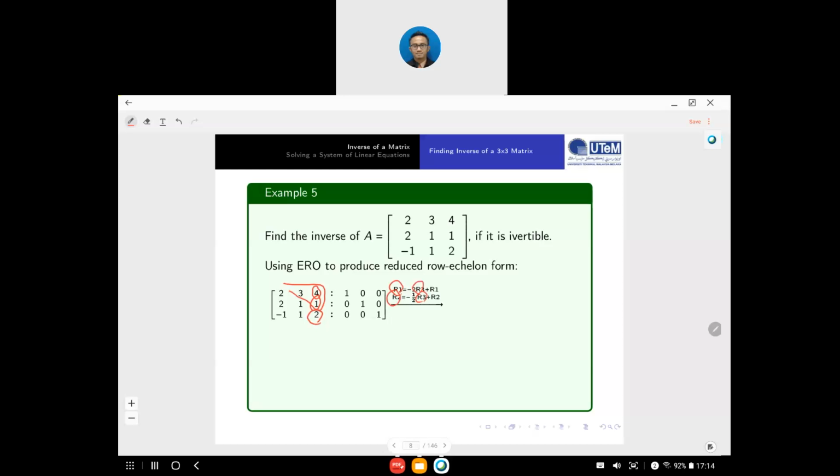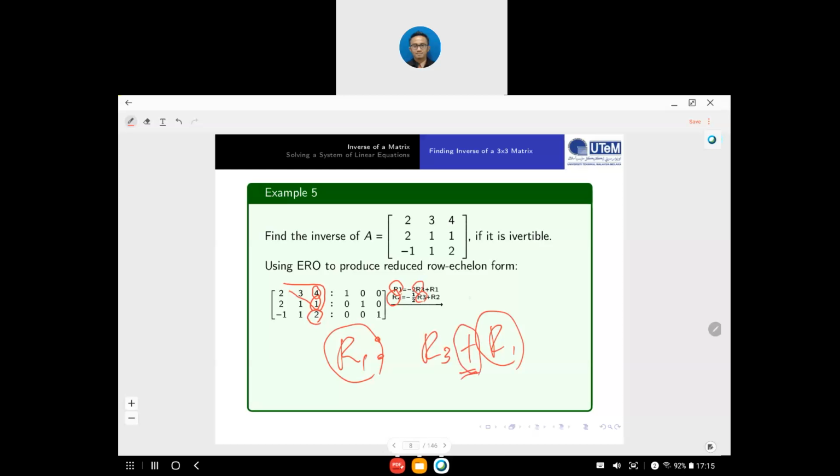Remember, when you want to change row 1, we use row 3 plus row 1. This one must be equal, and this one must be positive 1 only. This value must be positive.